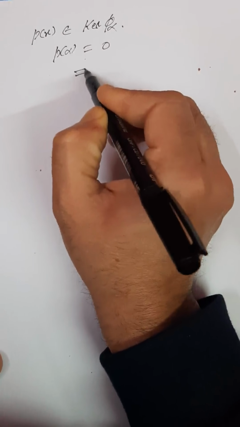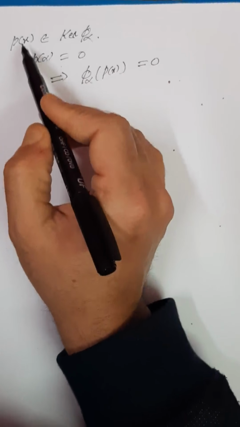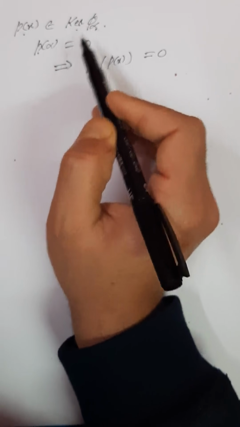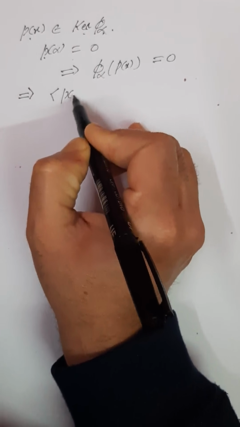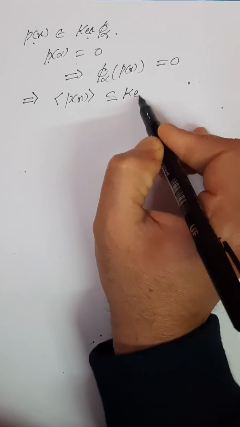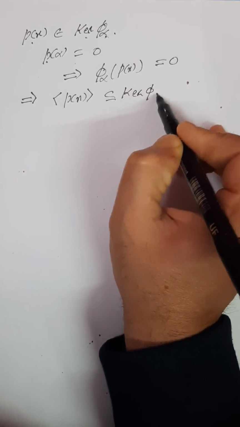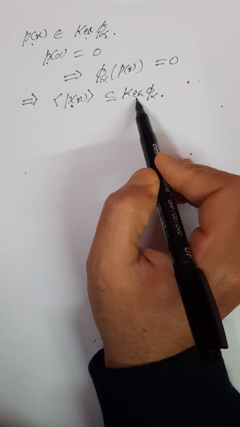This means phi alpha of p(x), which is p(alpha), is 0. So this polynomial p(x) belongs to the kernel of phi alpha.